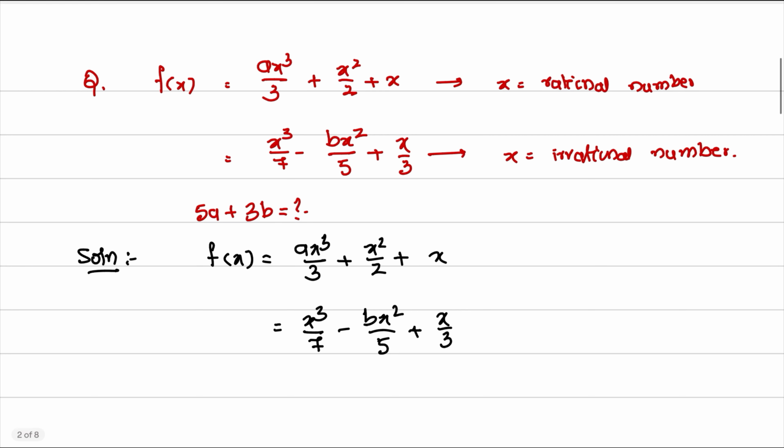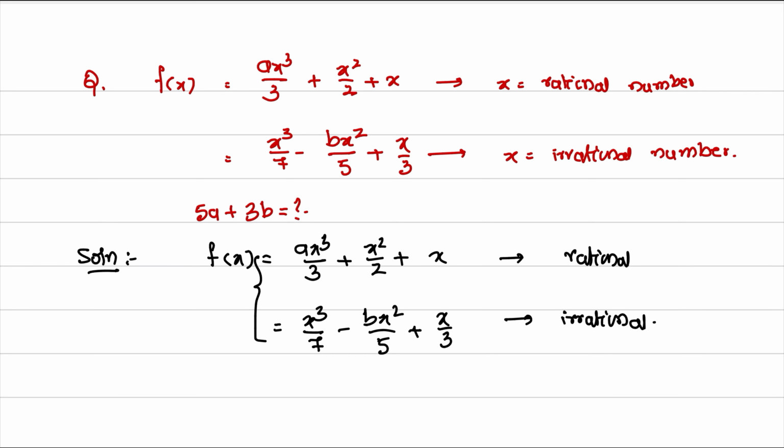We do not know the values of a and b. For this function to be continuous, we have to find the values of a and b, and then we have to find 5a plus 3b.